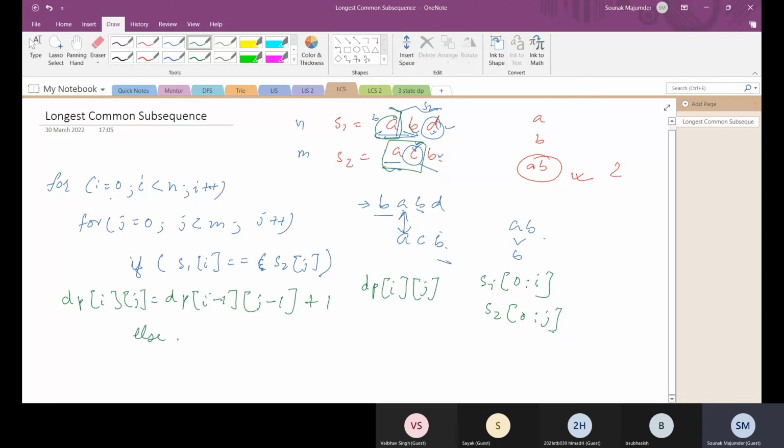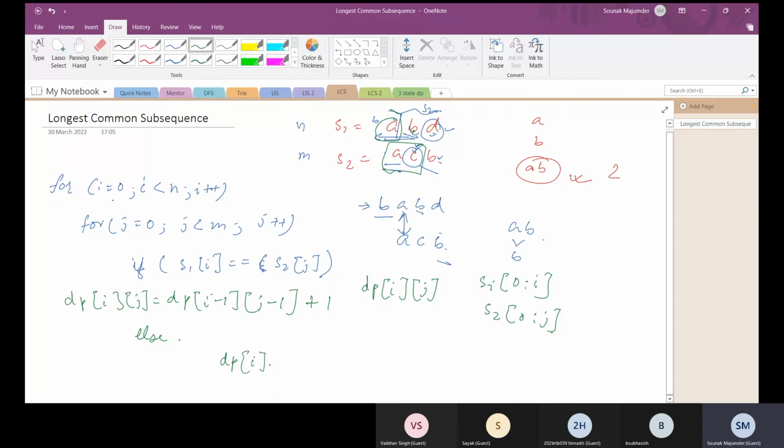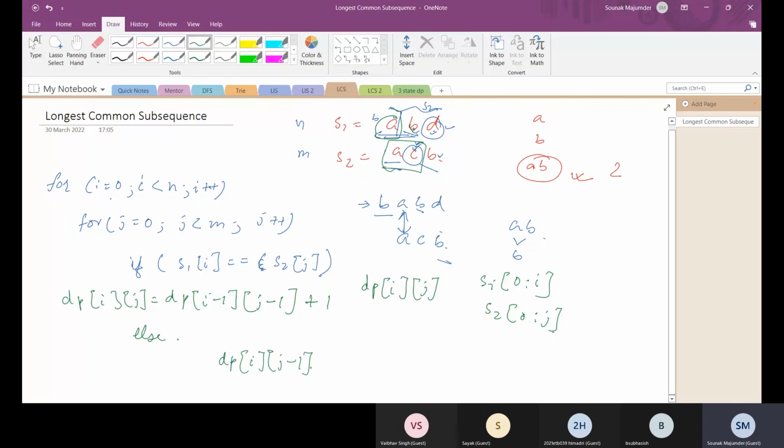Else, it is not matching, right? So from our discussion we will try to match B with some element preceding this. That means the LCS of s1 0 to i and s2 0 to j minus 1, so dp of i j minus 1, matching this i to some element among the first j minus 1 elements.